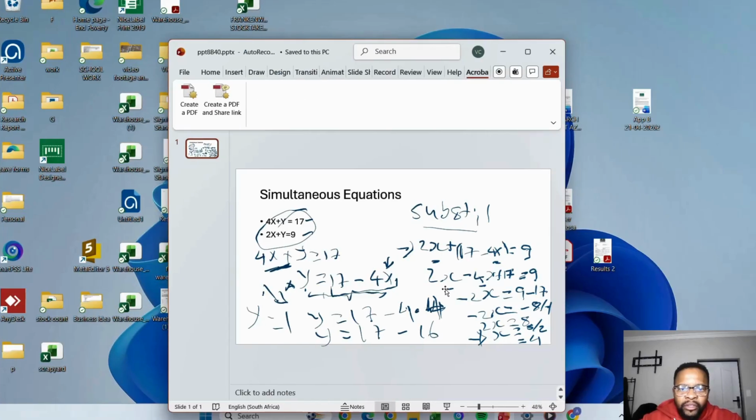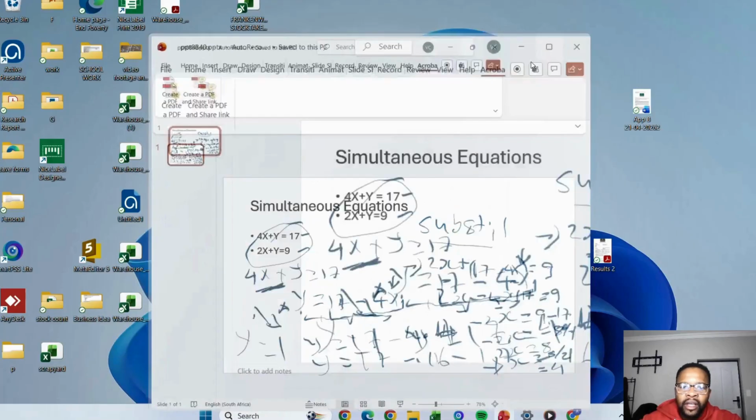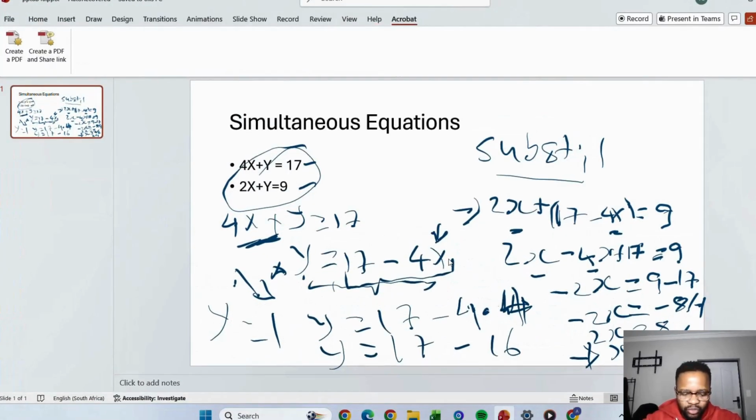In most cases, it's always good when you've resolved a simultaneous equation like this, to do a proof to ensure that the answer is actually correct. How do we do that? We go back to our original equations back here.